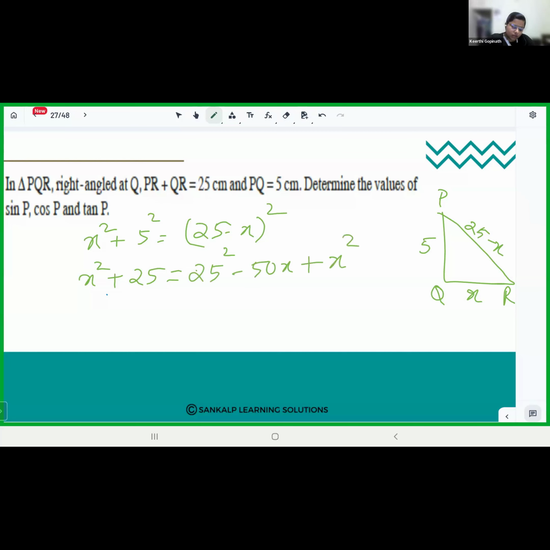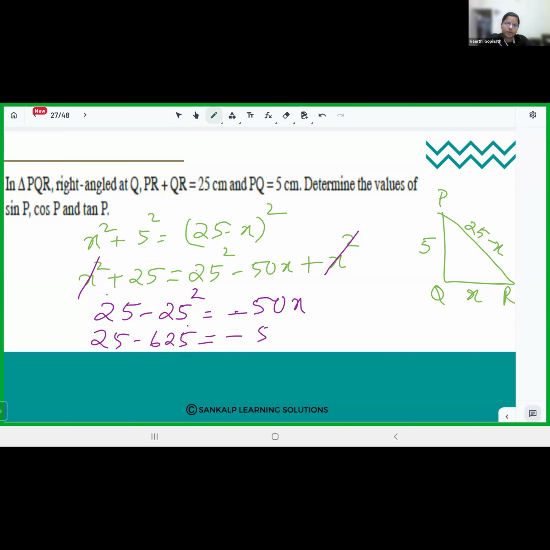Is that clear to you? Now just simplify this. X square and X square will get cancelled. So you bring the numbers to one side. That is 25 minus 25 square is equal to minus 50x. So here we are finding the value for x. So we get 25 minus 625 is equal to minus 50x.